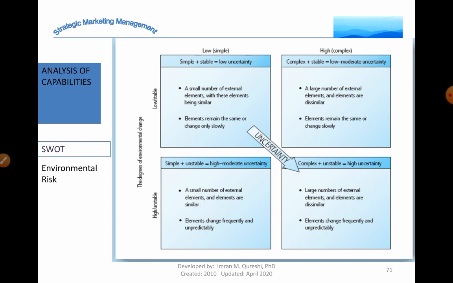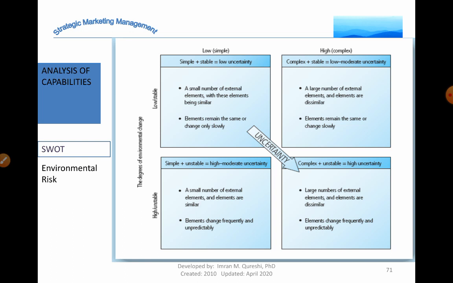You can do things with certainty. But if it's a complex environment but it's stable, that means there is not a lot of fluctuation, then you have low to moderate uncertainty, as in the second quadrant on the right.